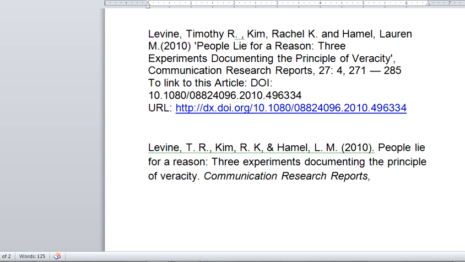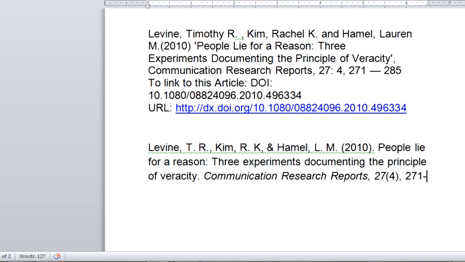The comma gets italicized, and then the volume number gets italicized, 27. And we're going to remove the italics, so I am back to straight-edged font here. I'm going to put open parentheses, the issue number right next to it, comma, and then page numbers.